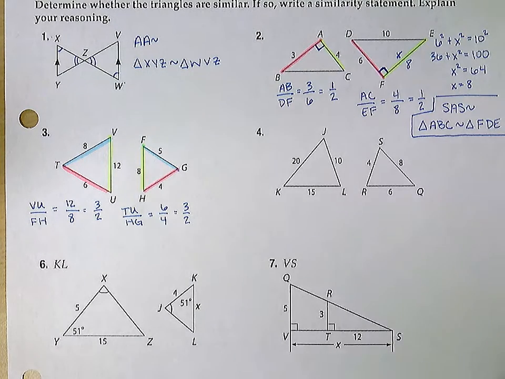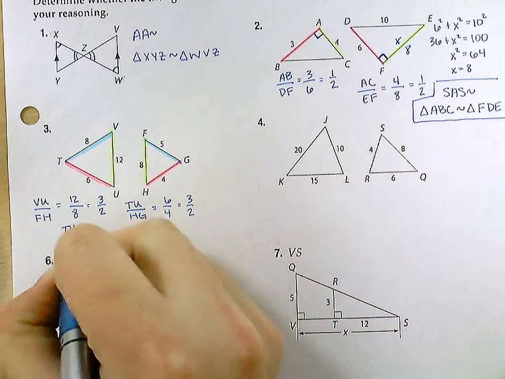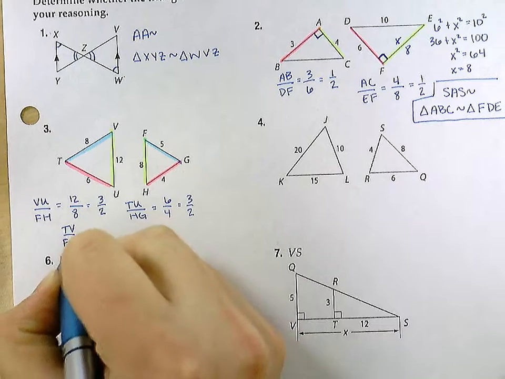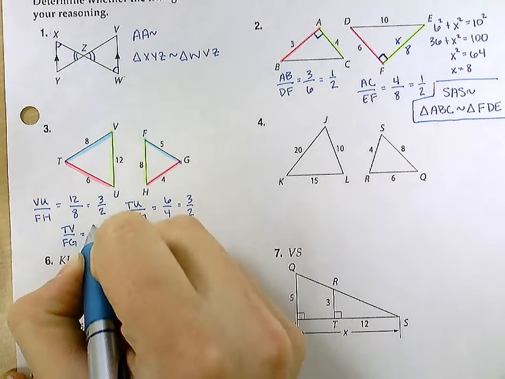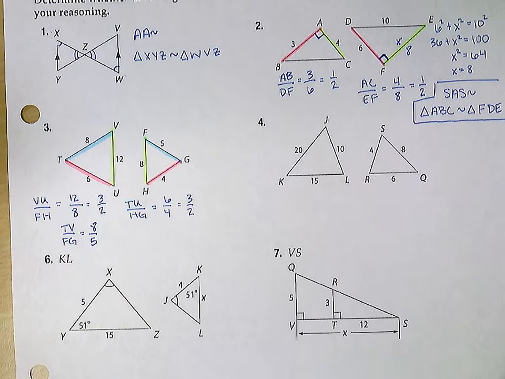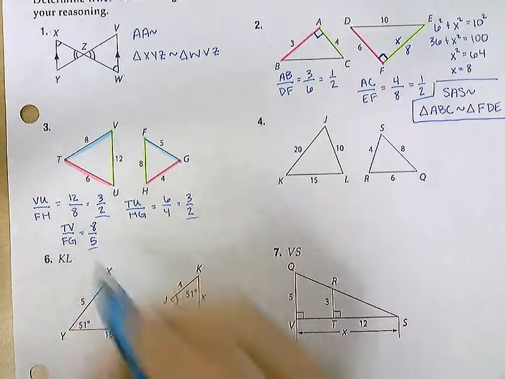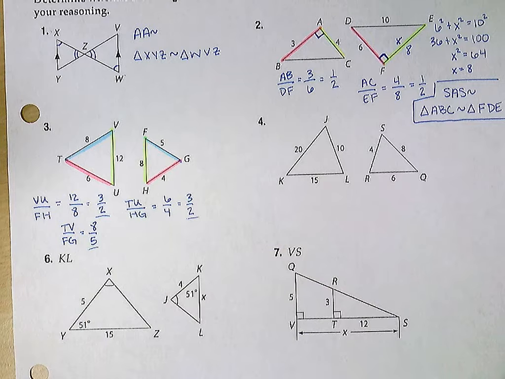My last one is the blue highlighted one. That is TV to FG, which is 8 over 5. Now, I can't reduce 8 over 5. So looking at all 3 of my reduced ratios, are they all the same?